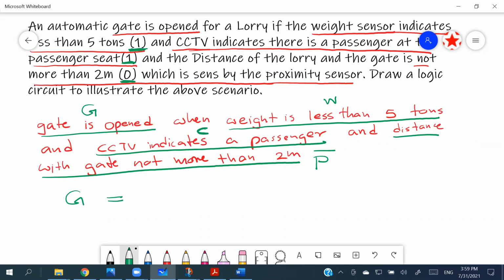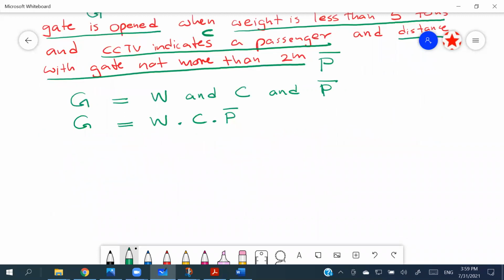G equals W and C and P bar, right? So it means G equals W dot C dot P bar. So how are we going to draw the circuit?